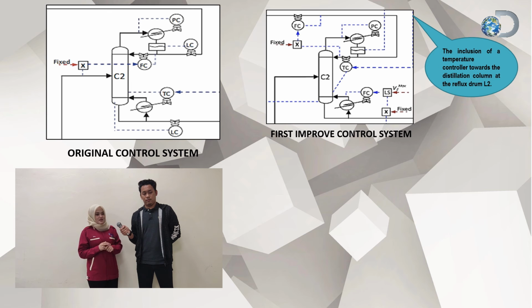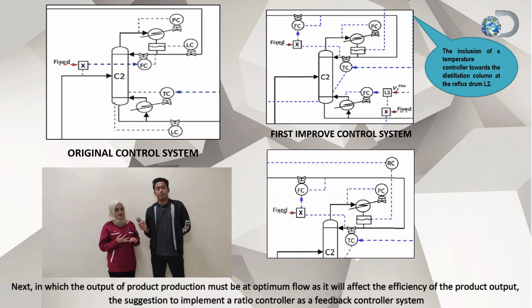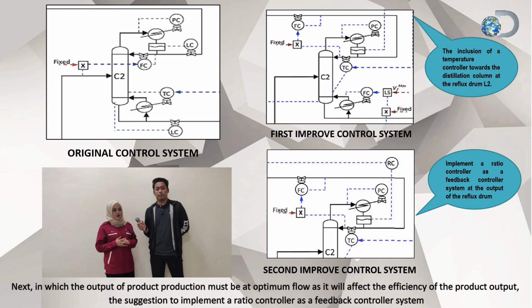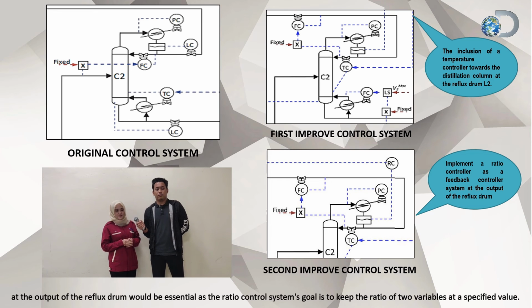Okay, so next, as the second improvement, the output of production must be at optimum flow, as it will affect the efficiency of the product output. The suggestion is to implement a ratio controller as a feedback control system at the output of the reflux drum, which will be essential, as the ratio control system's goal is to keep the ratio of the variables at a specific value.